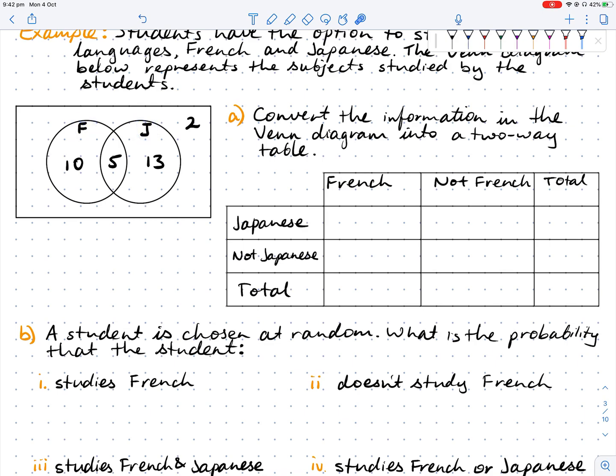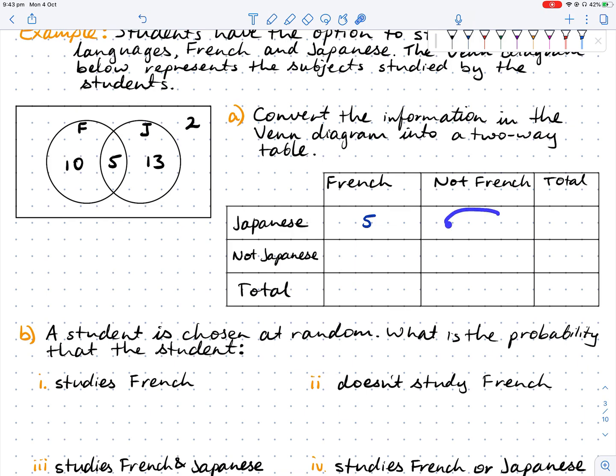We can either have someone who studies French or doesn't study French, studies Japanese or doesn't study Japanese. In this first box, that's going to comprise people who study French and also study Japanese, and that's these 5 people in the overlap. So there's 5 people who study both.